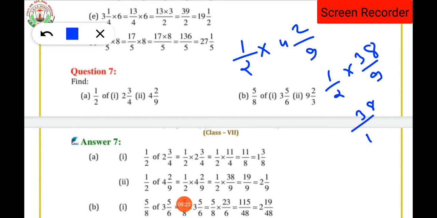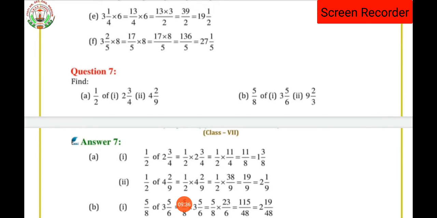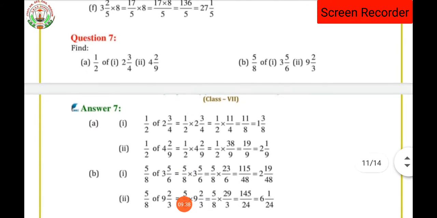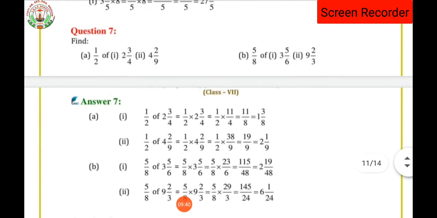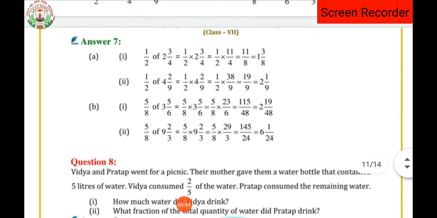It will be 18, isn't it? Now it will get cancelled by the table of 2, isn't it? So it will become 19 upon 9. Now when we change it into a mixed fraction form, it will become 2 1 upon 9. So dear student, you have to solve the B part in the same way. It is not a very difficult question. It's a very simple and easy part.